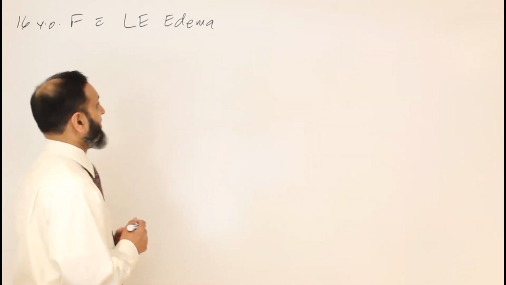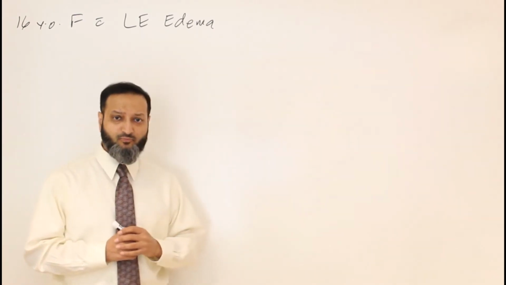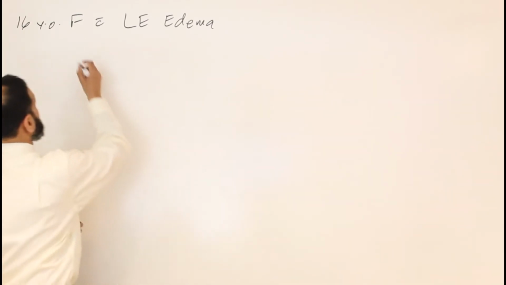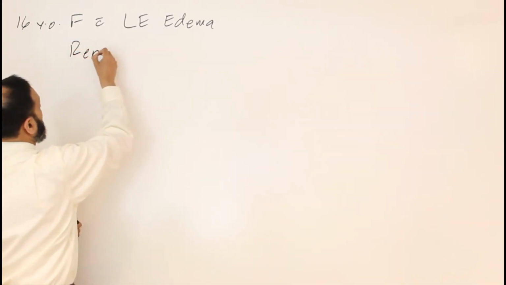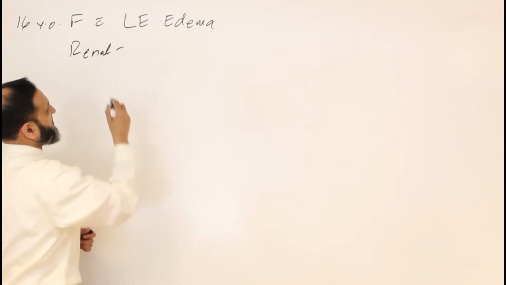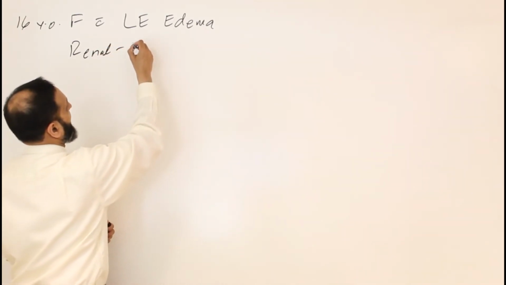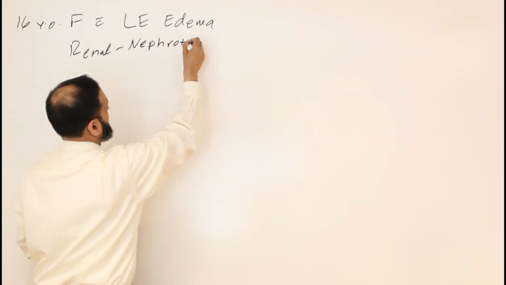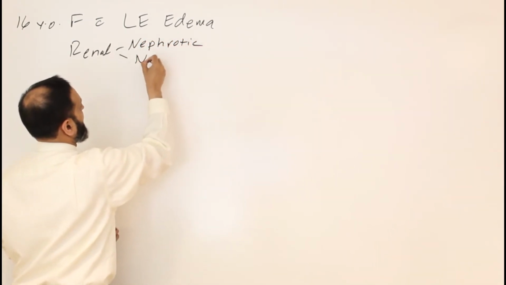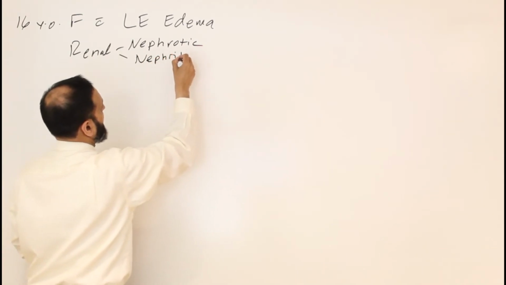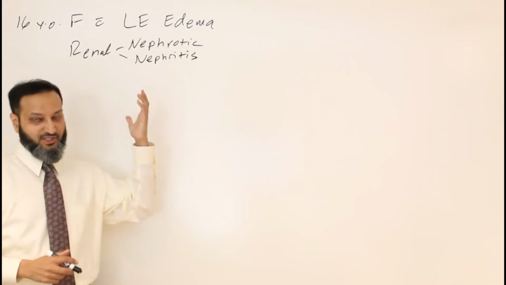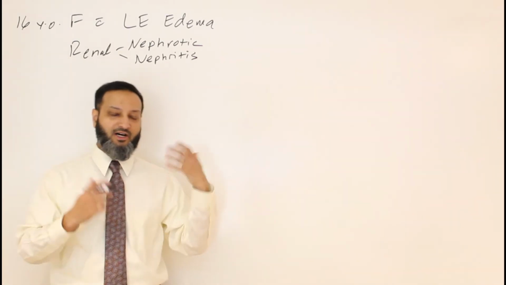So let's talk about some of the bilateral causes. One of the first organ systems you have to think about when you have bilateral leg swelling is going to be renal causes. When you think about renal causes, we can just divide it up simply right now as nephrotic syndrome or nephritic syndrome causes. I'm not going to go into the pathophysiology of each one of those and how they differ.